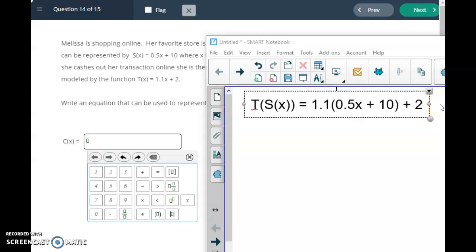All I'm going to do for this one is plug in the s of x function in place of all of my x's in t of x. So I had 1.1x, so that x is replaced with the 0.5x plus 10, and then the plus 2 stays the same.